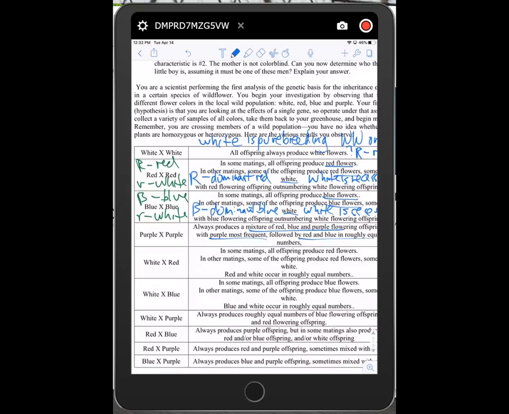How do you get purple? You mix what two colors? Red and blue. So what if we had multiple alleles here, red and blue makes purple? What if that happened? RB equals purple. Would that make sense? If we cross two purples, would we get some of all three colors? And most of them would be purple and then equal ratio of red and blue.